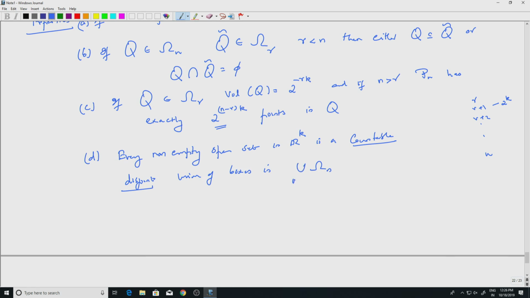Of course, you have to take the union from 0 to infinity. You look at all the omega n. So, these are boxes and you can write any open set as a countable union of boxes from this.